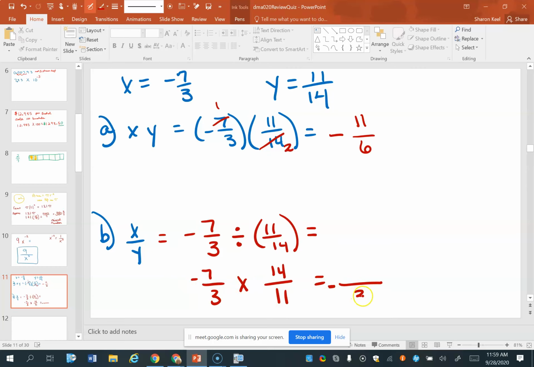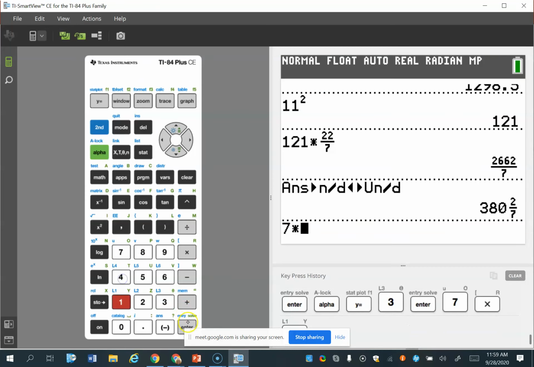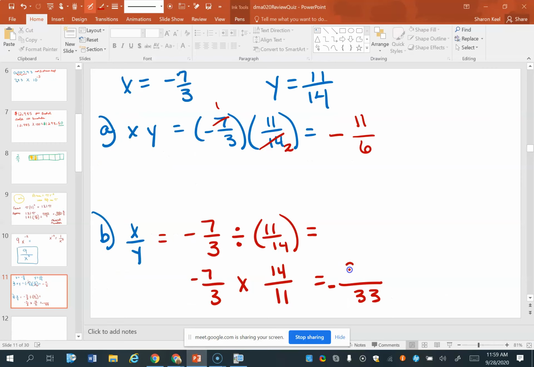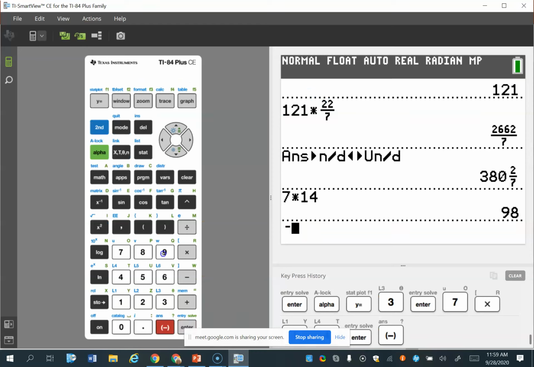3 times 11 is 33. Our 7 times 14 gives us 98. So we have -98/33. And then let's just double check and see if that can reduce.